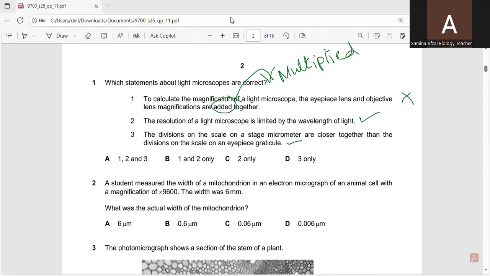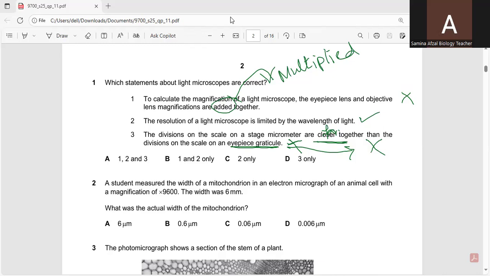So this is not a correct option. They are not closer. They are far from each other. The stage micrometer has a fixed scale and the scale of the eyepiece reticule is changed as the magnification is changed. So this is not a correct statement.